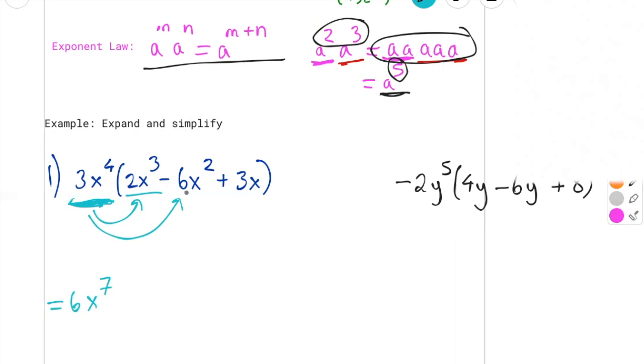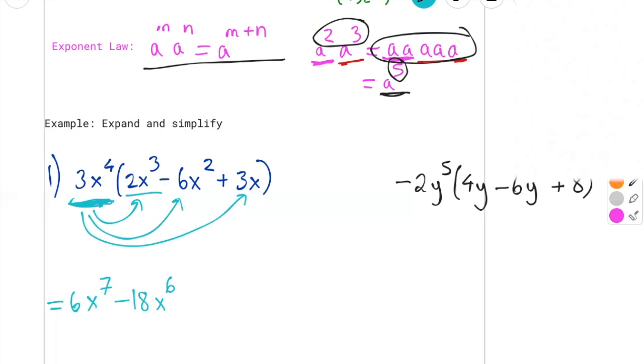3 times negative 6. It's a positive number times a negative. That gives you negative 18. X to the 4 times x to the 2. Again, it's called multiply, but it's adding the exponents, x to the 6. Then the last one. 3x to the 4 times 3x.